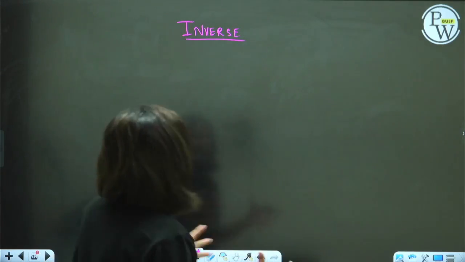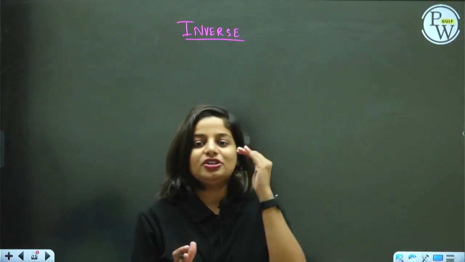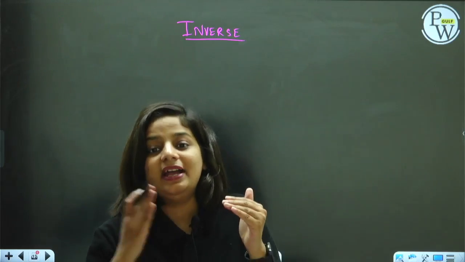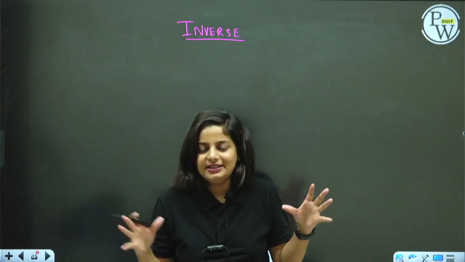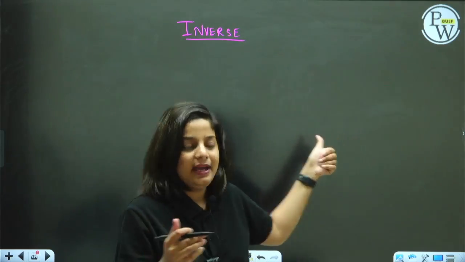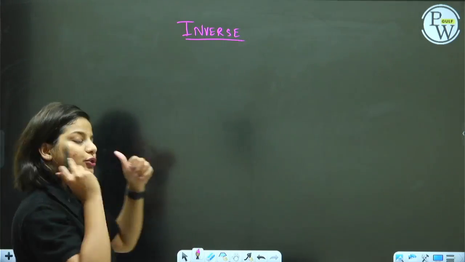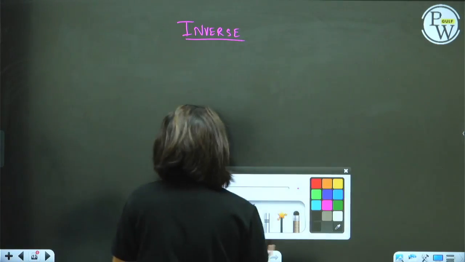So practice your hands on both methods. If a question says solve or find the inverse by elementary transformation, then you have to do that. If they have not mentioned anything and just asked you to find the inverse, it's your choice. You can do it by this method or by elementary transformation.